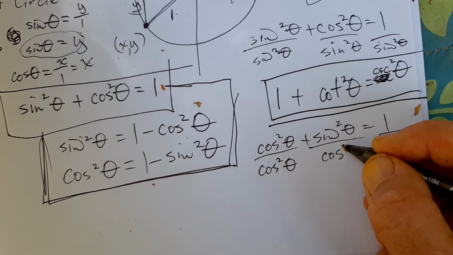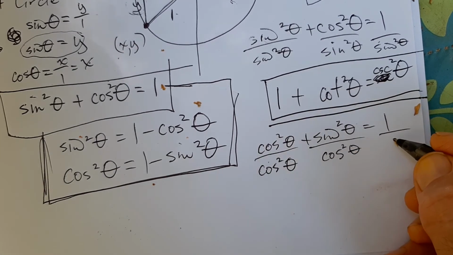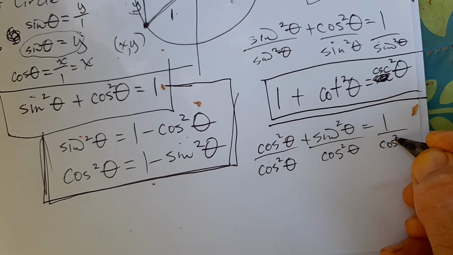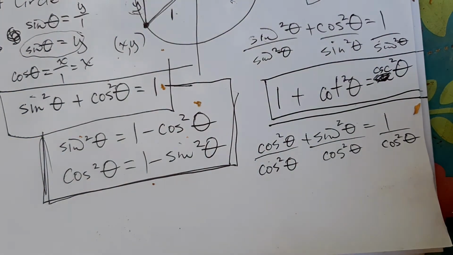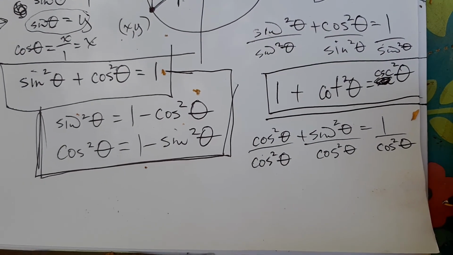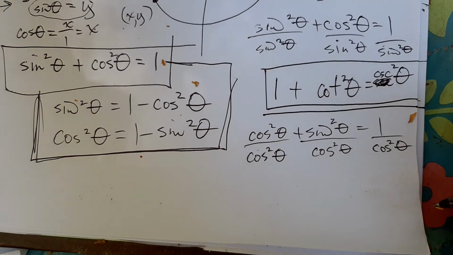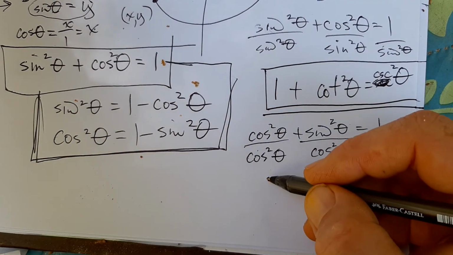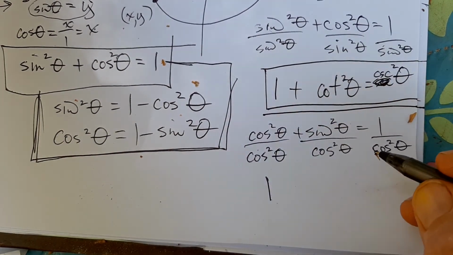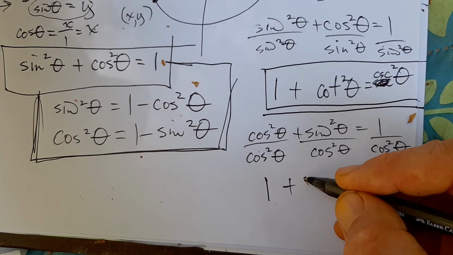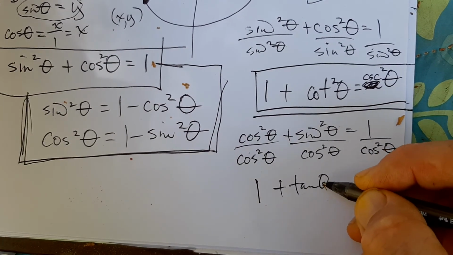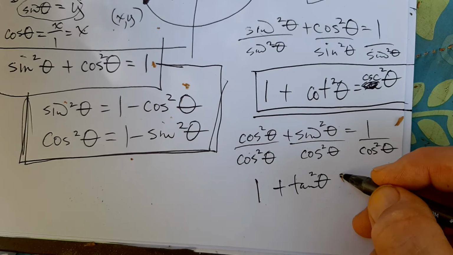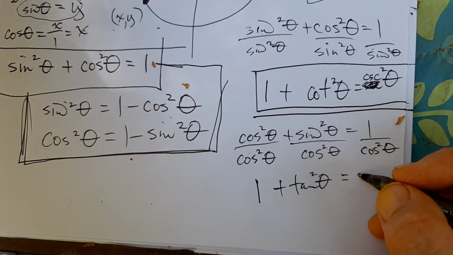So I divide through by cosine squared. It's just playing around with this. At some point, people decide to play around with all these ratios. So this goes to 1, cosine divided by cosine. Sine divided by cosine squared is going to be tangent squared theta. And 1 over cosine is secant.